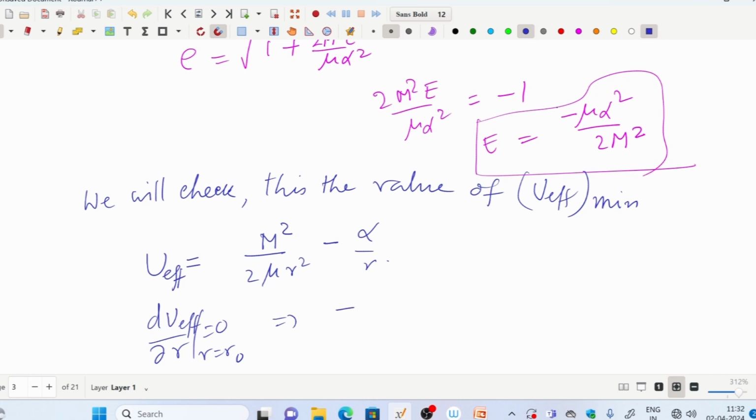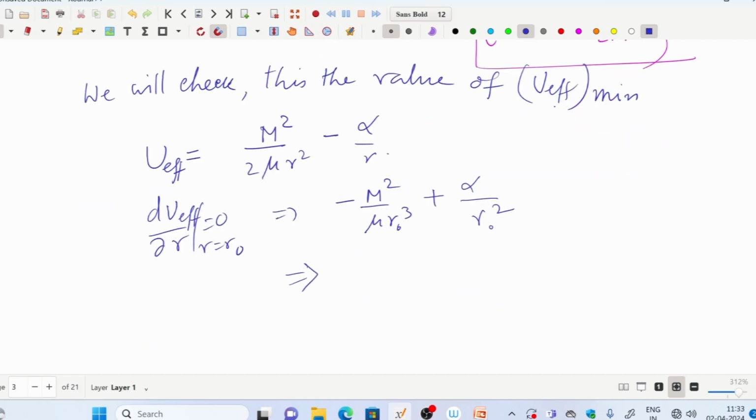This implies minus m square by mu r 0 cubed plus alpha by r 0 square equals 0. The r square cancels, and r 0 will be m square by mu alpha.